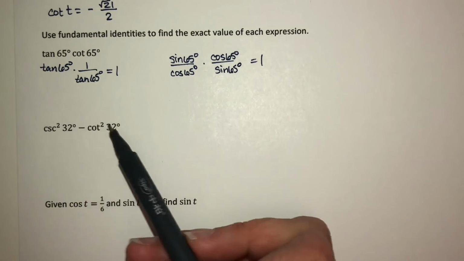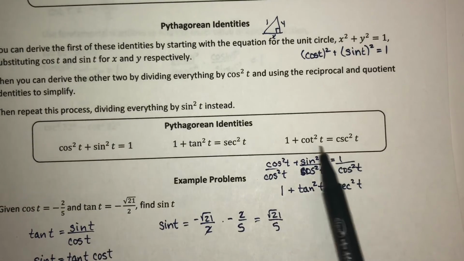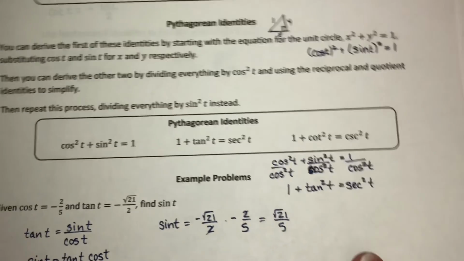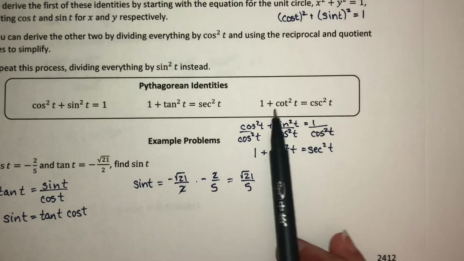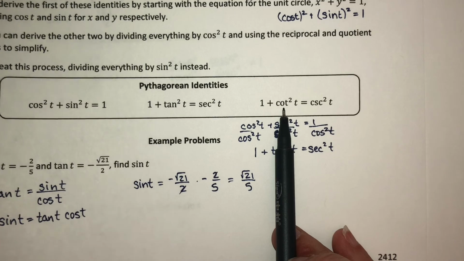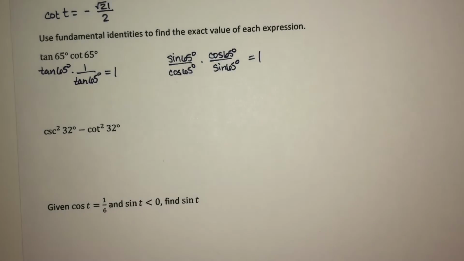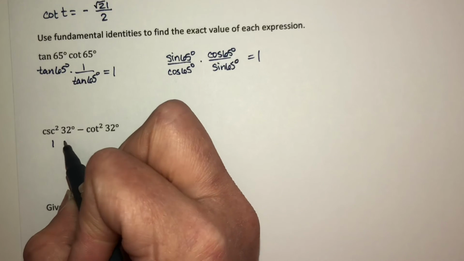But if I see some squares, I'm going to look at my Pythagorean identities to see if there is one of these that shows a relationship between the two squares that I have. Here I have cosecant and cotangent, and this identity right here has cosecant and cotangent. So I'm going to possibly use this identity right here.